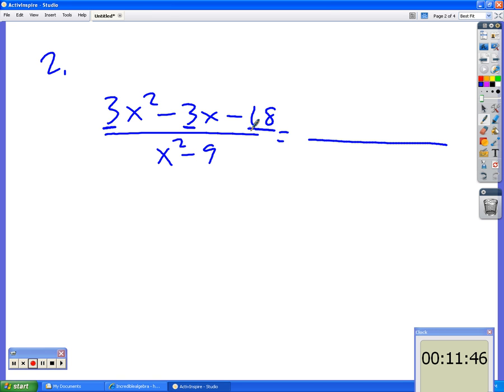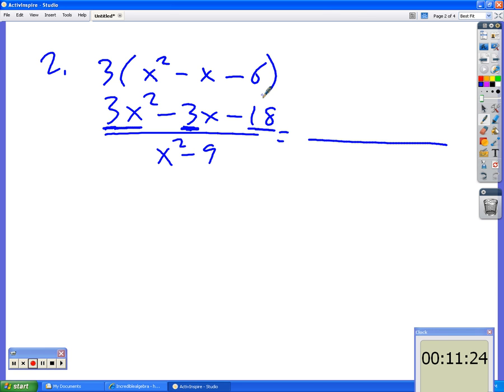So I'm going to take the 3 out of all of these. I'm left with x squared minus x minus, take 3 out of 18, you're doing it by dividing, don't subtract, it's 3 and 18, gives me 6.